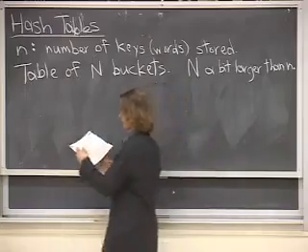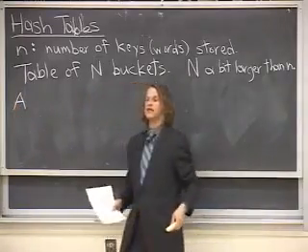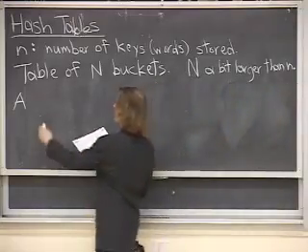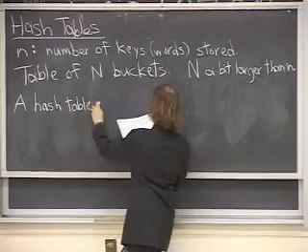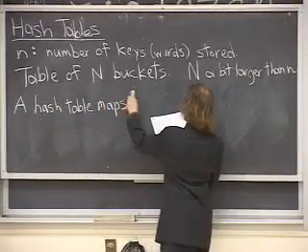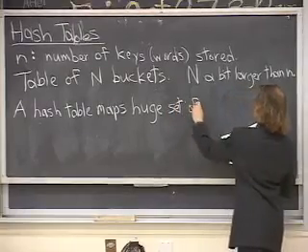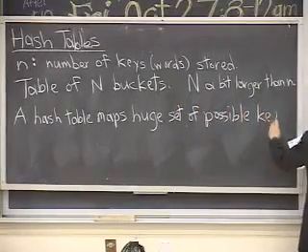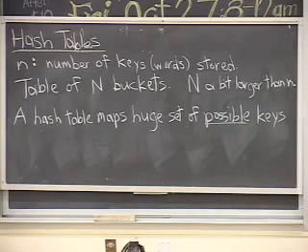So what we've got to do now is compress all these things so that we can store them in a much smaller table than 26 to the 45th power. So what a hash table does is it maps a huge set of possible keys, by possible keys, I mean every possible permutation of letters.